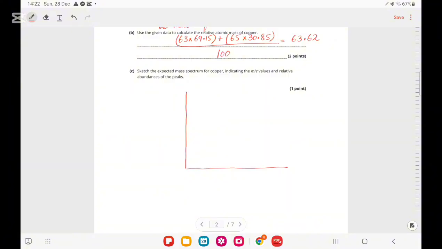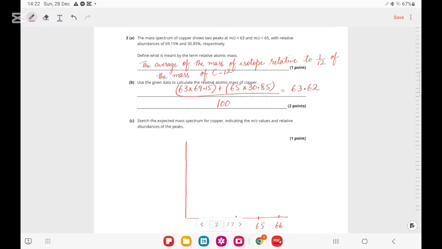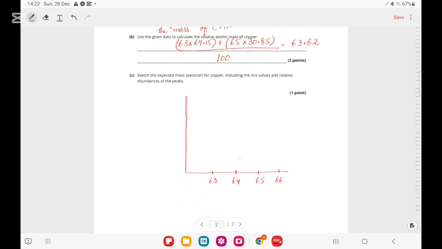We have two mass-to-charge ratios. One is 63 and the other one is 65, and we can write 64 here, 66 here. So 63 has the abundance of 69.15.